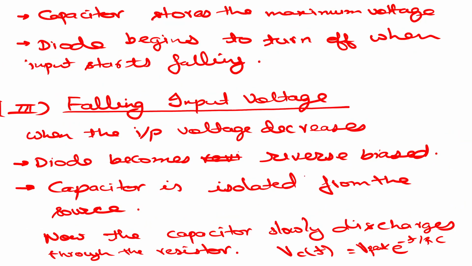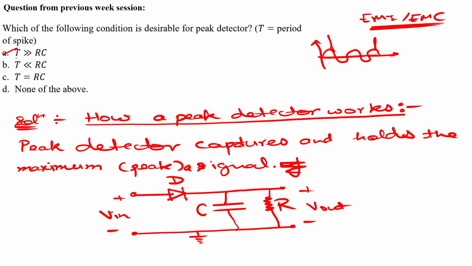That's why the correct option for this question was option A. If this question was not in terms of EMI EMC, we would want the time period to be much smaller than the time constant. But here our aim is to find these spikes, not just the peak of the regular signal.